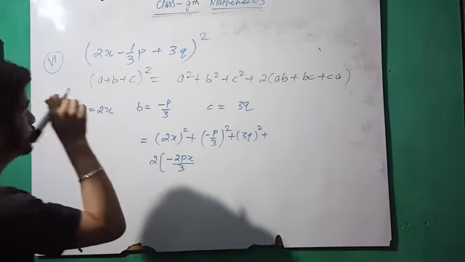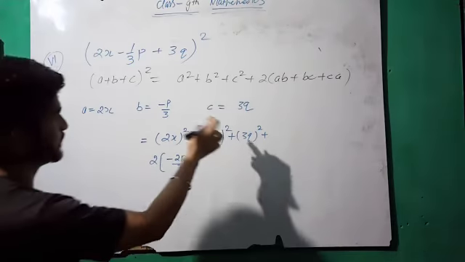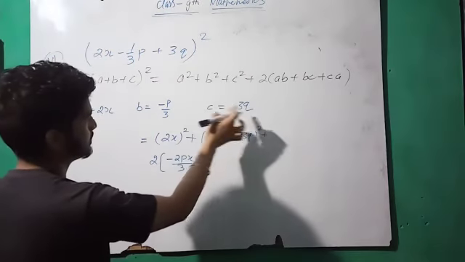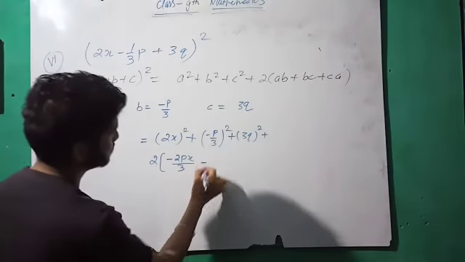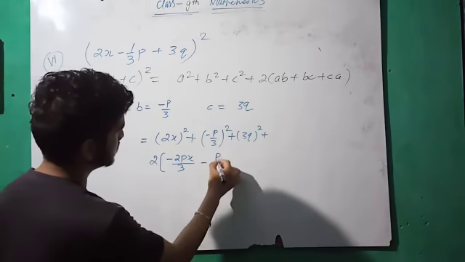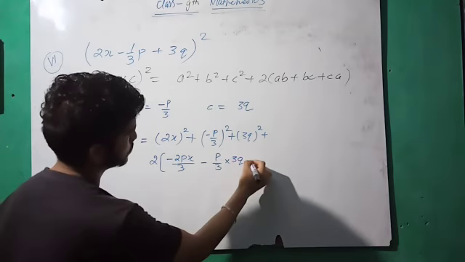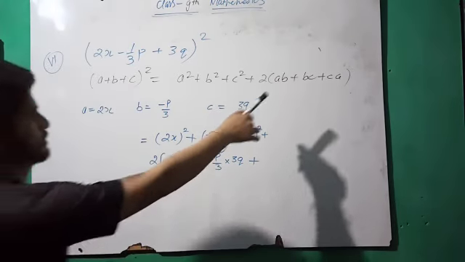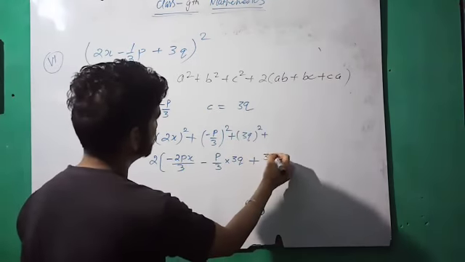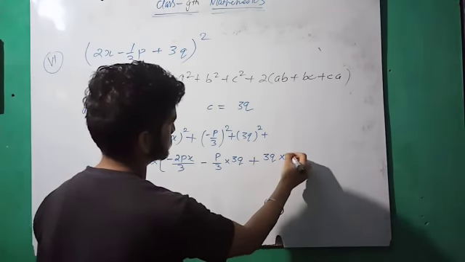Okay, minus 2px upon 3. Then bc: minus p by 3 multiplied with 3q. Then plus ca: 3q into 2x.